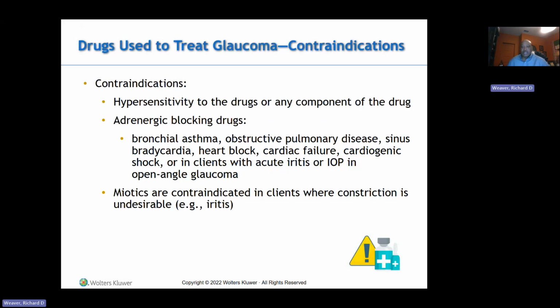Miotic drugs are contraindicated in patients with a hypersensitivity to the drug or any component of the drug, and in conditions where constriction is not desirable, such as iritis and uveitis. These are inflammations of the eye, and acute inflammatory disease of the anterior chamber of the eye. So they would be contraindicated.